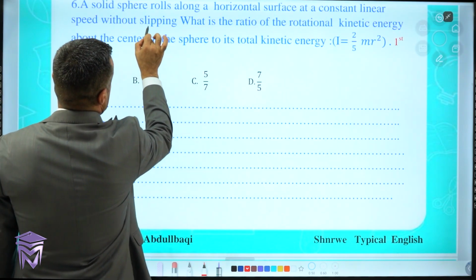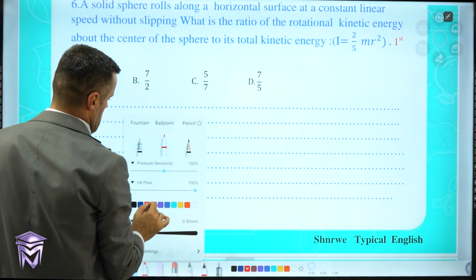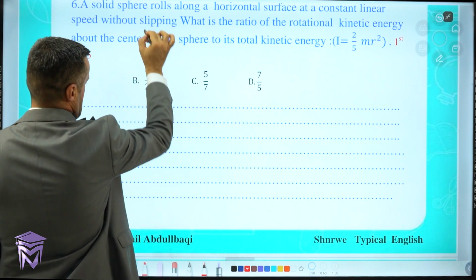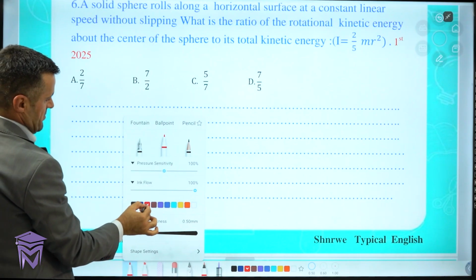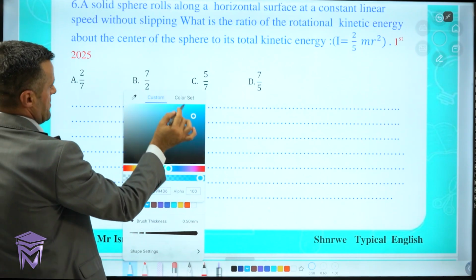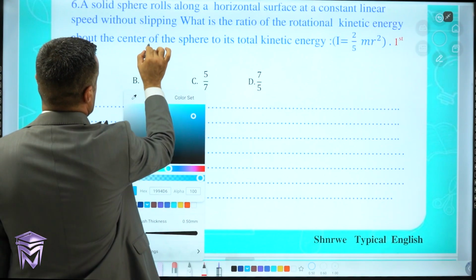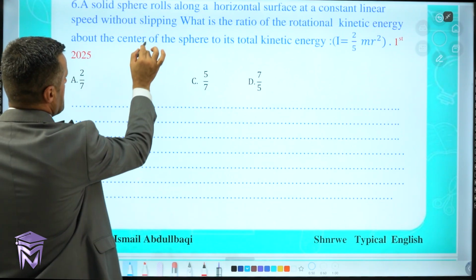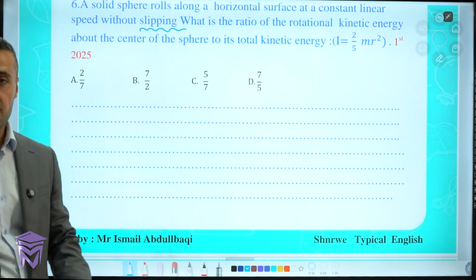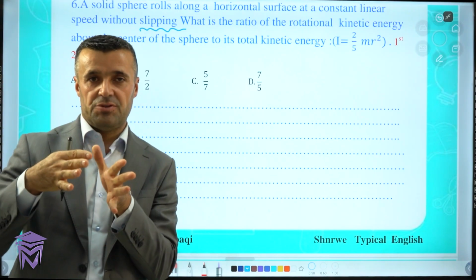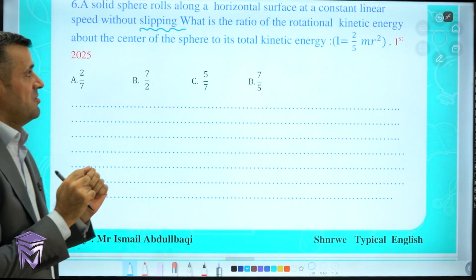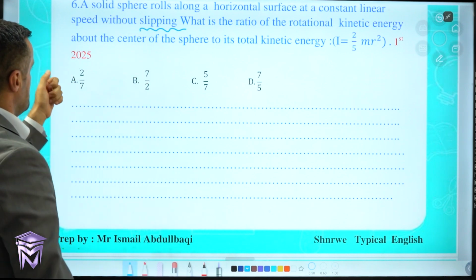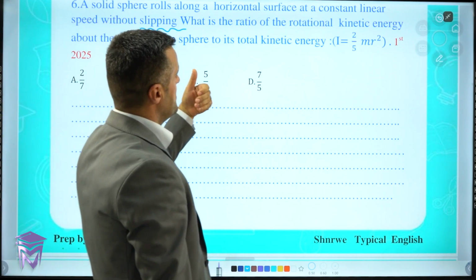Question 6. A solid sphere rolls along a horizontal surface at a constant linear speed without slipping. Without slipping means the object has rotational motion and translational motion. What's the ratio between the rotational kinetic energy about the center of the sphere to its total kinetic energy?